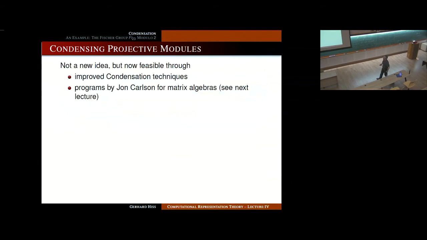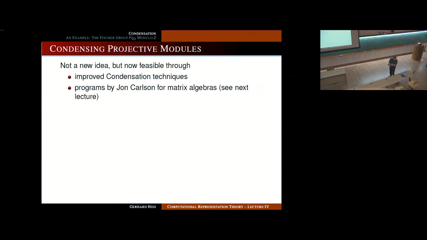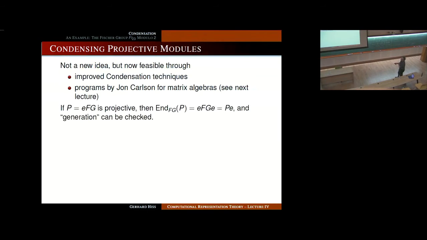Or, another idea, you can condense projective modules. In this case, if you take a special projective module, a direct sum of the group algebra, where E is the projection onto the direct sum, you can compute the dimension of its endomorphism algebra just by ordinary character theory.